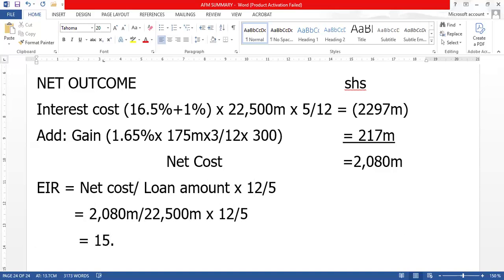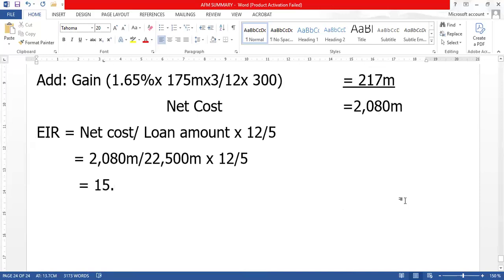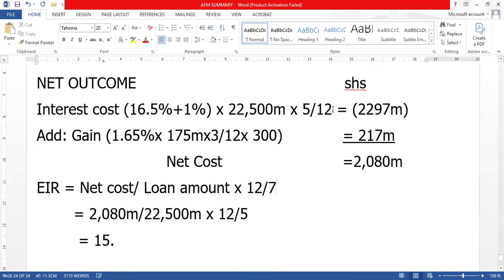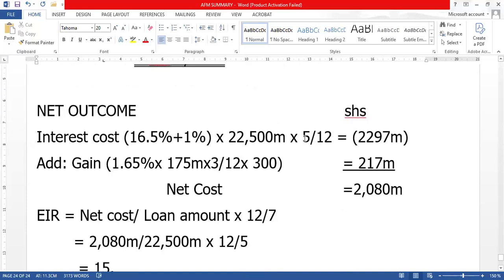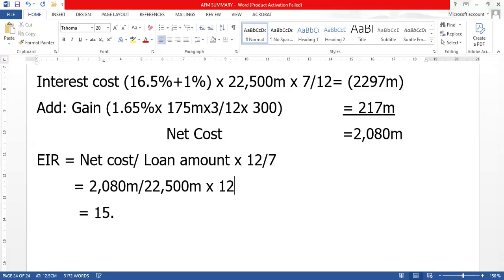I multiplied by 7 out of 12. So yes, the reciprocal is 12 out of 7.